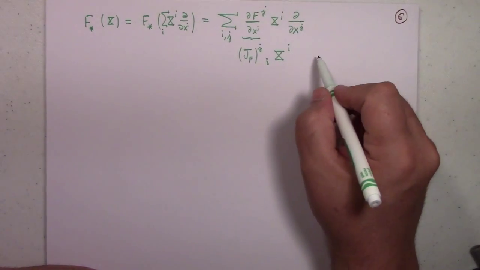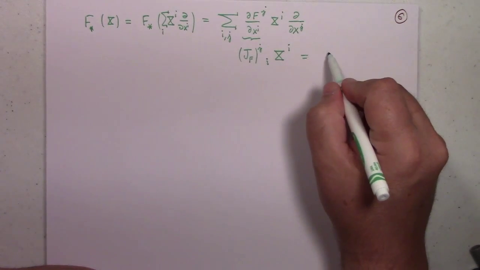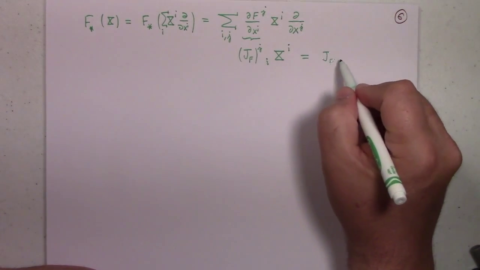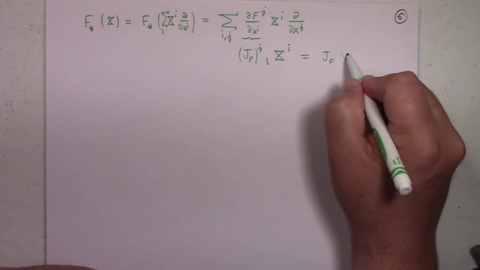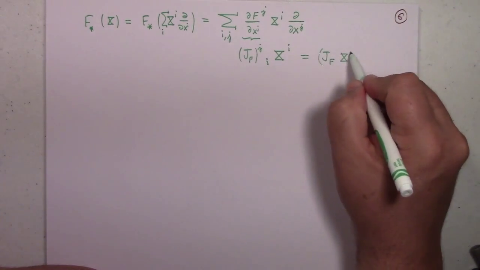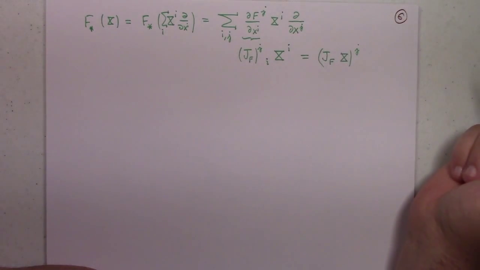But you could also look at that as just being a Jacobian matrix times a column vector X, and it's the jth component of that.